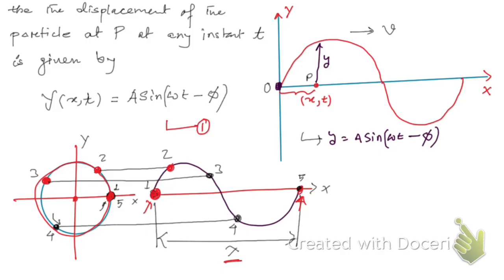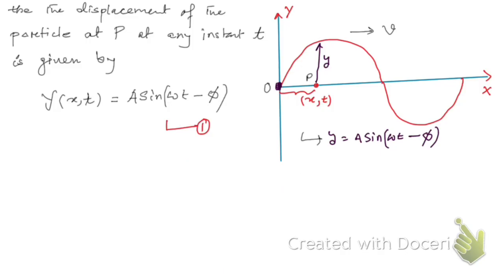So for a distance x equal to lambda, the phase difference is 2 pi, right? We can consider that way.